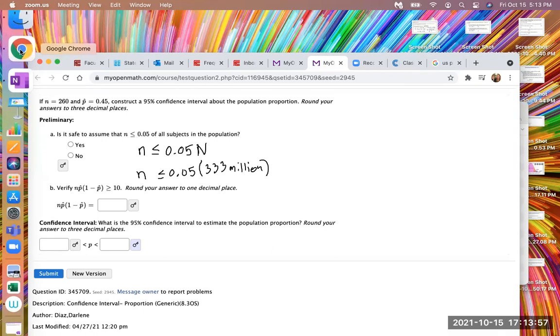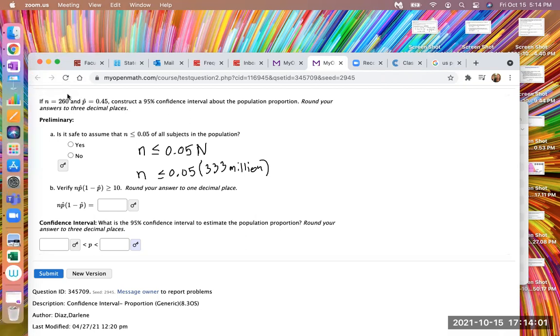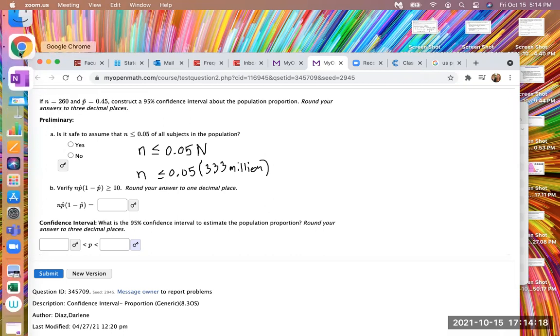Even if we were interested in just high school students in the United States, 260 is such a small number that for most populations the answer is going to be yes. It's a pretty small sample size, especially for populations like the whole United States or all the kids in a school.